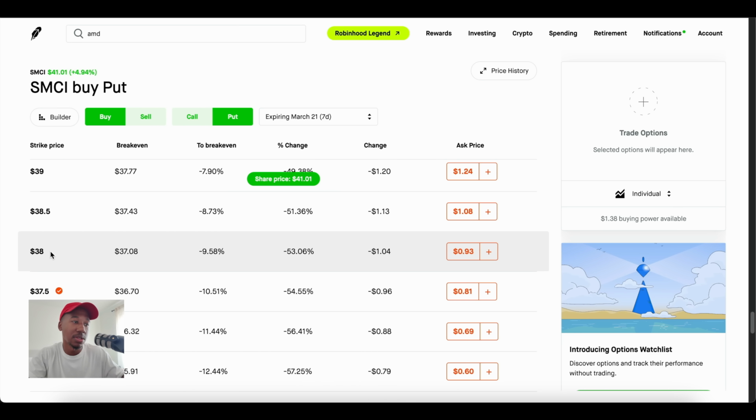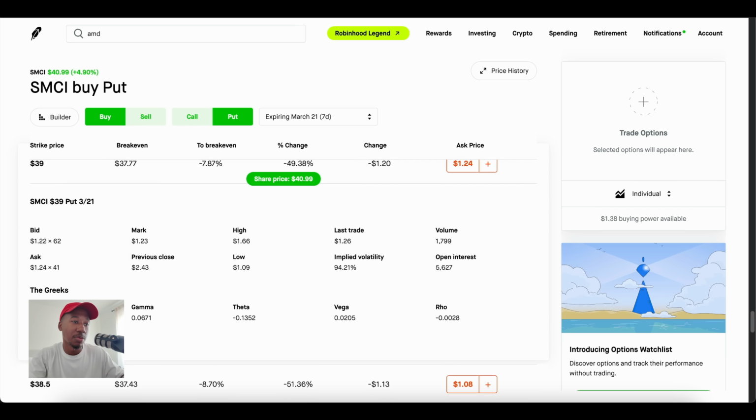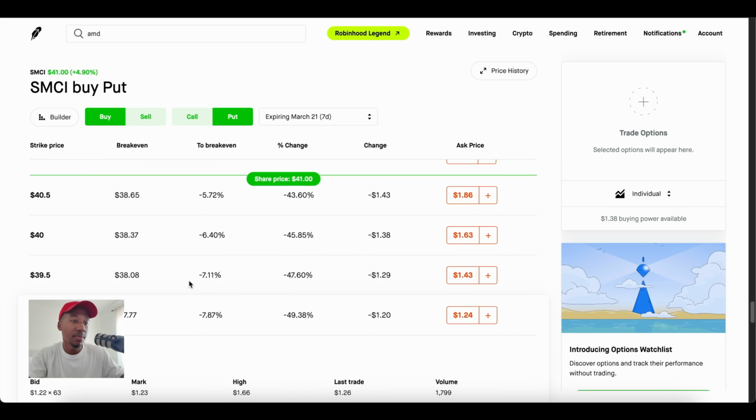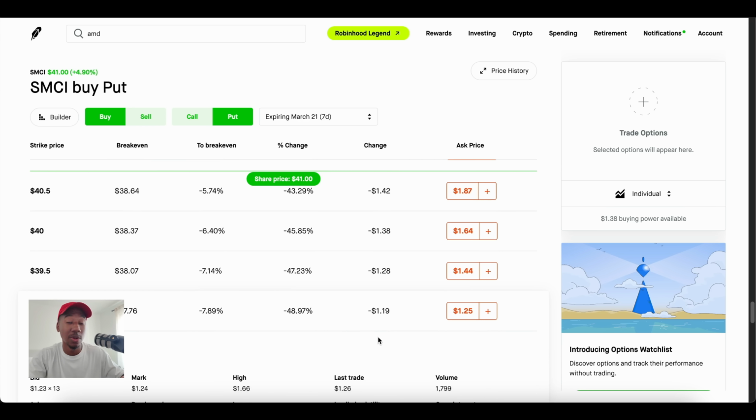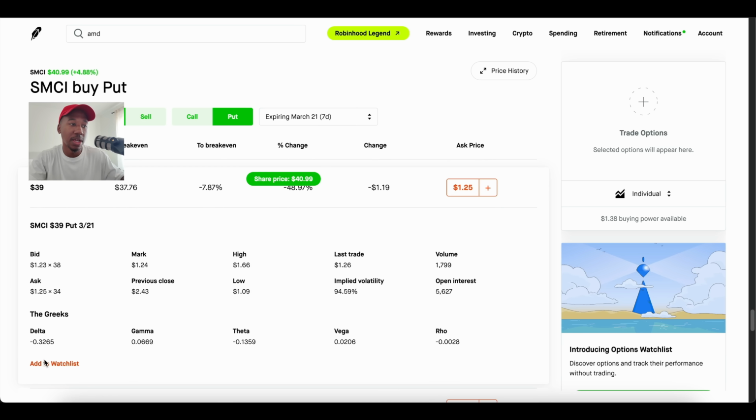So let's say I wanted this $39 put right here. If I wanted to practice trade, you can see right here I can add it to the watch list. It's going to add it at this mark price right here. So I'm going to hit add to watch list.